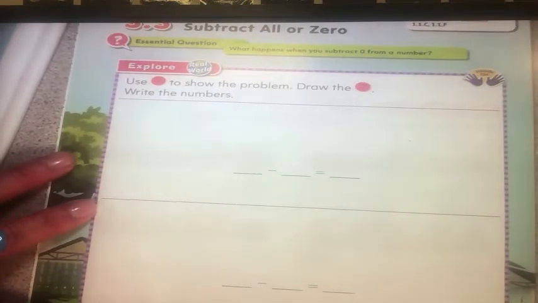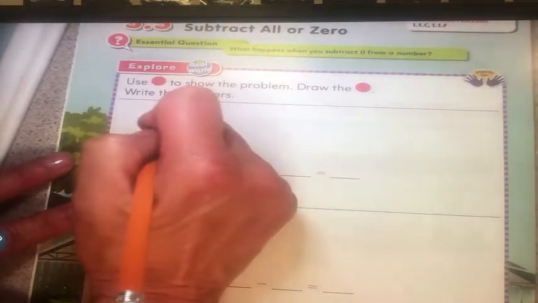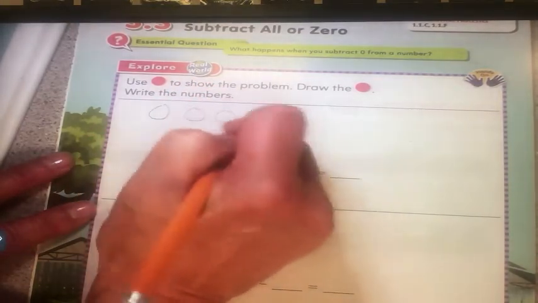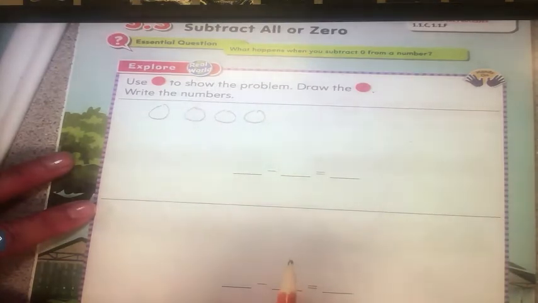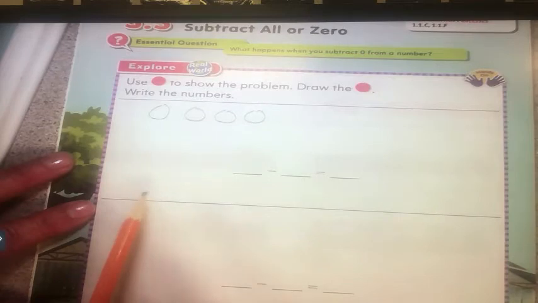So, 4 toys are on a shelf. 0 are taken off. How many toys are on the shelf? Well, let's make 4. 1, 2, 3, 4. And 0 are taken off, so how many are left? 4.